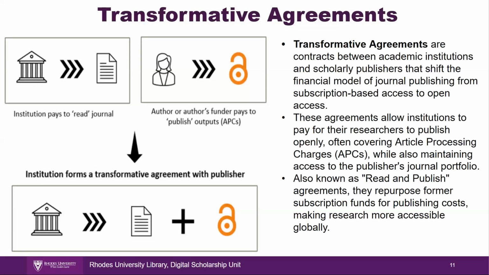So what are transformative agreements? These are agreements between the university and the publisher. For example, if you're publishing in an open access journal, before you publish you will need to contact our research office and they will negotiate the article processing charges on your behalf with the publisher, so that you don't have to pay when you publish, for example, in a subscription-based journal.